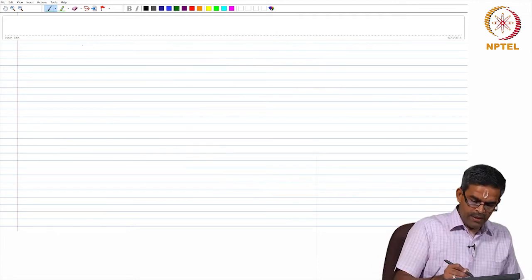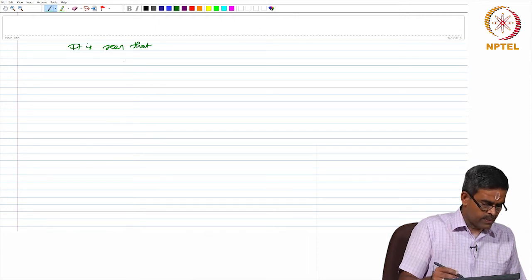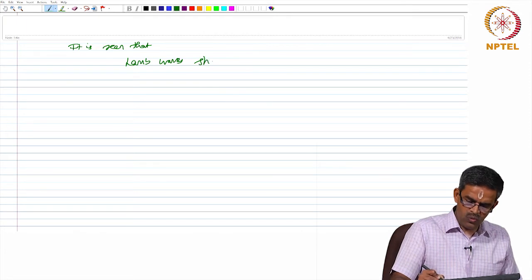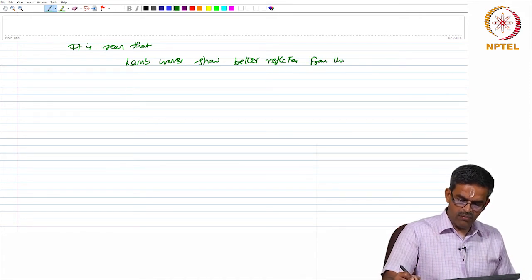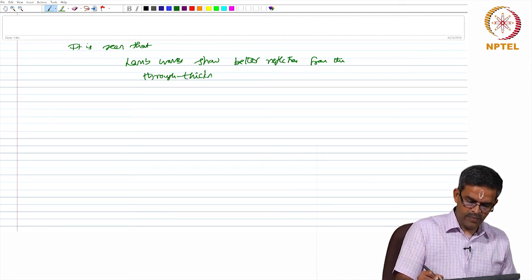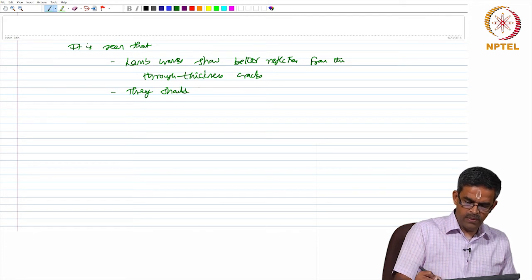Okay. It is seen that lamp waves show better reflection from a through thickness crack. In fact, they should be less dispersive.